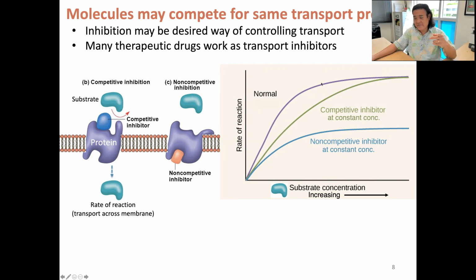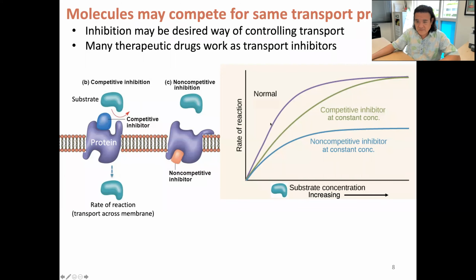This is the purple line that we saw on the previous graph, even though I don't remember what color it was on the previous graph, but it's the same thing. You have a finite number of these purple proteins available on the outside of the cell at a given time. So as you increase the amount of substrate or solute on the outside of the cell, at first there are a ton of available purple gates to let the solute in.